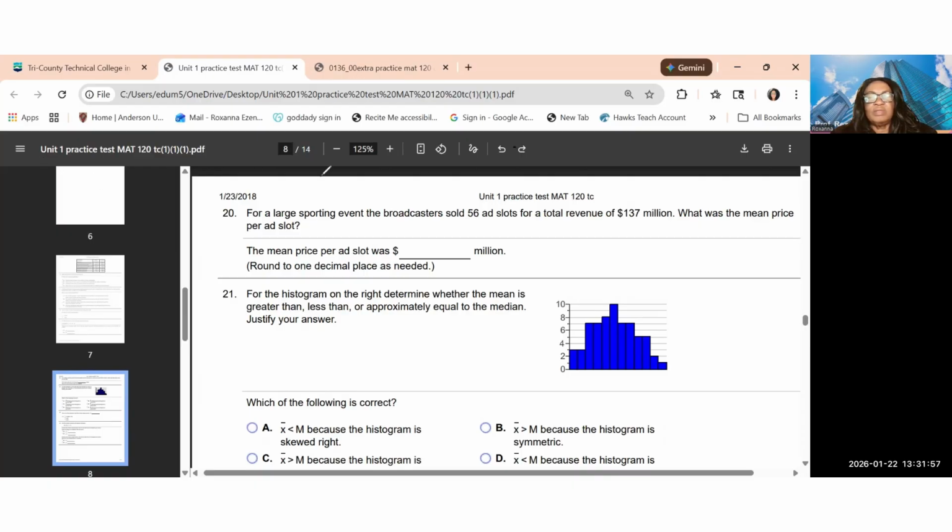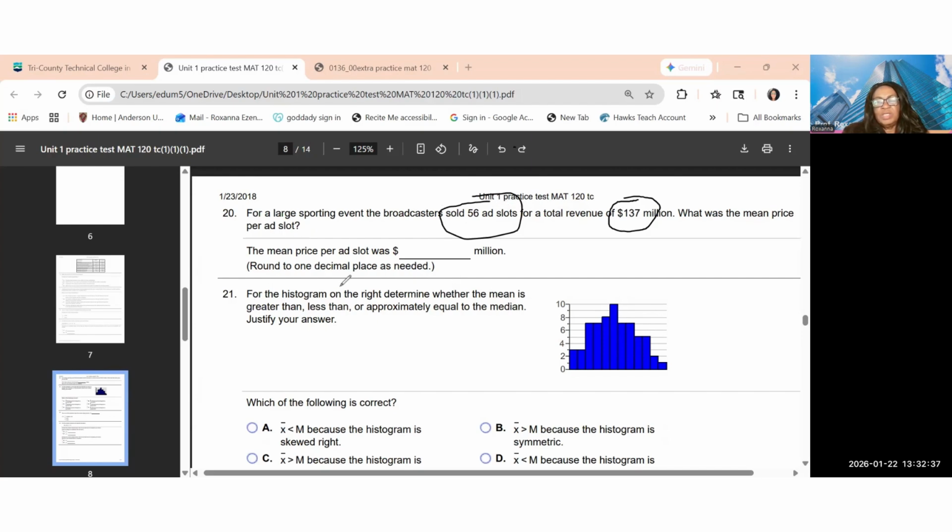Ad slots, 57 or 56? Okay. What was the mean price? So the mean price is the 137 million divided by 56, because that's just a simple question. They gave you the total amount of money and told you the number of ad slots. The number of ad slots is 56.